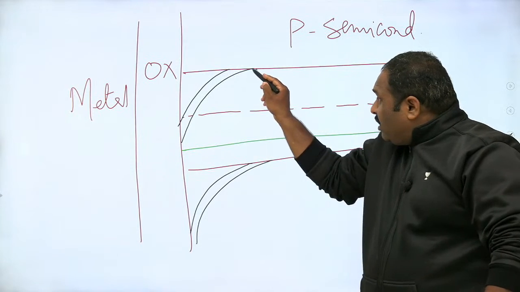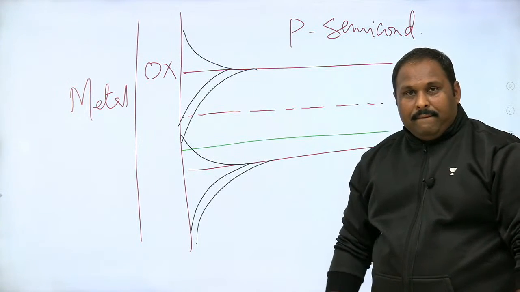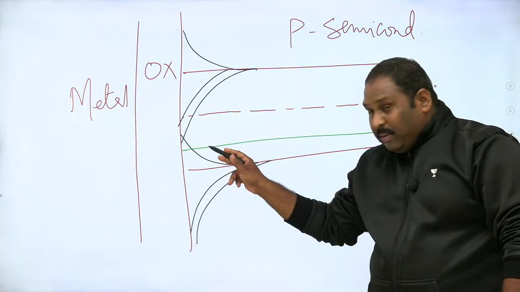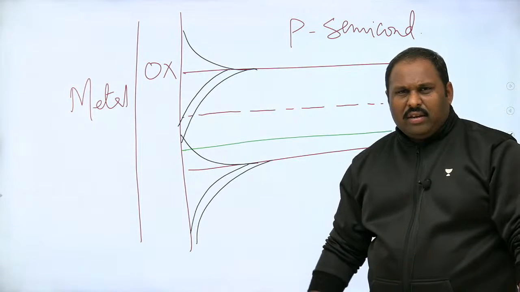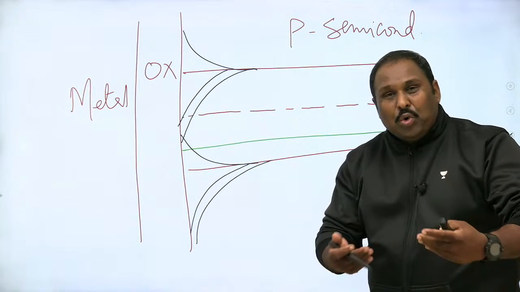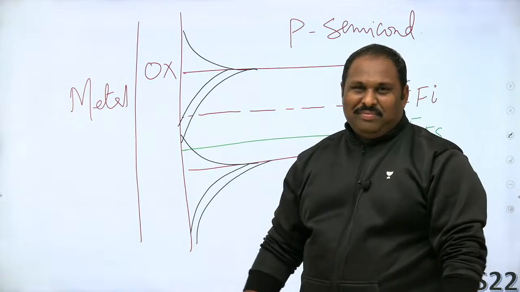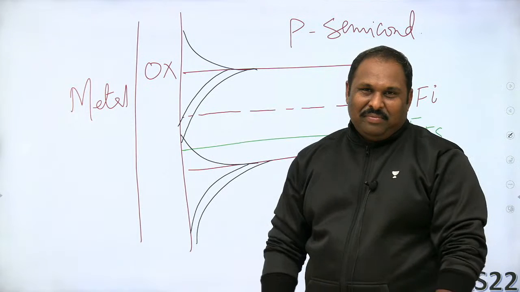Accumulation is the stage where the Fermi levels go up, and it is also possible that the Fermi level can go below the valence band, if accumulation is larger, but such an accumulation is not possible because there is carrier limitation. It is the limitation of doping.